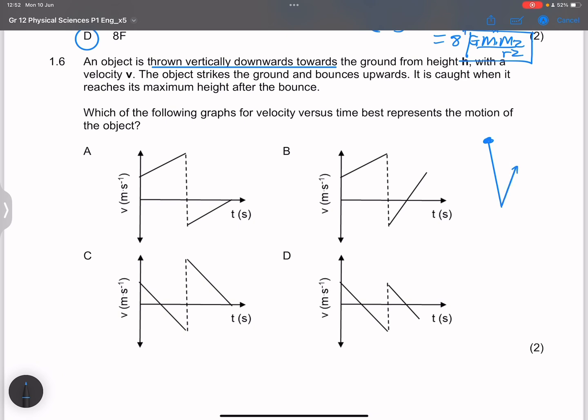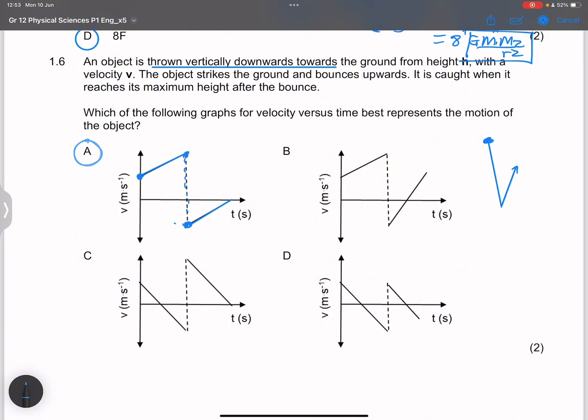Now please note, if we took downwards as positive, it's going to start with a positive velocity, and it's going to increase until we get to the ground. On the ground, it changes velocity, and now look at that velocity. It becomes negative, and what begins to happen is that it decreases. So this looks like the correct graph, which is A.